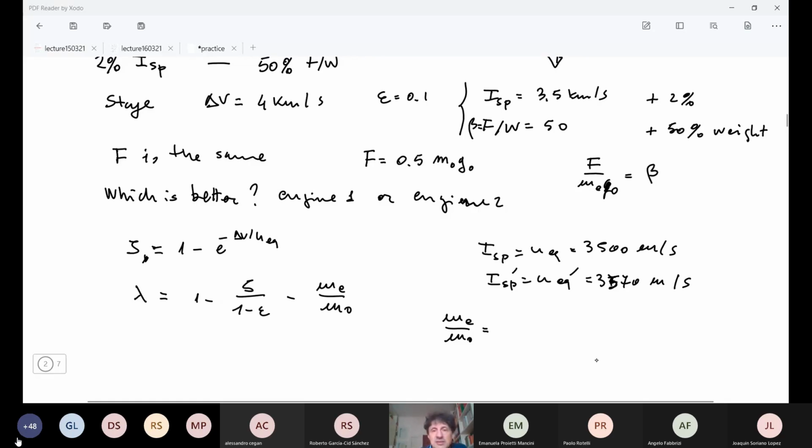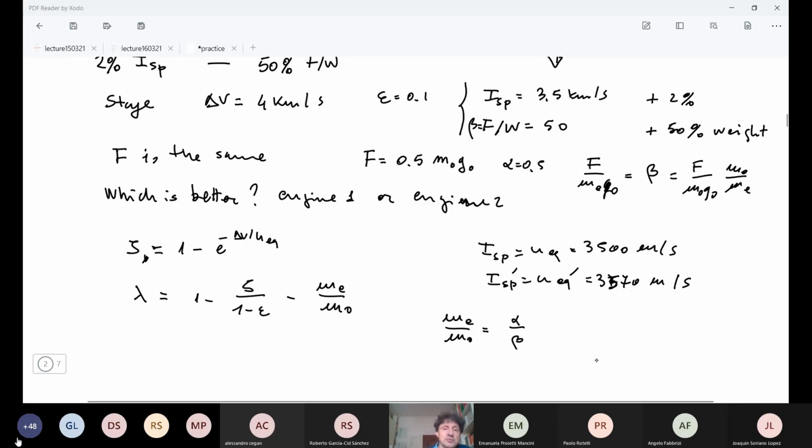And it is also equal to F over M0 G0 times M0 over ME. So we are looking for this quantity, and if alpha equals 0.5 is the ratio F over M0 G0, we have again that ME over M0 will be alpha over beta.